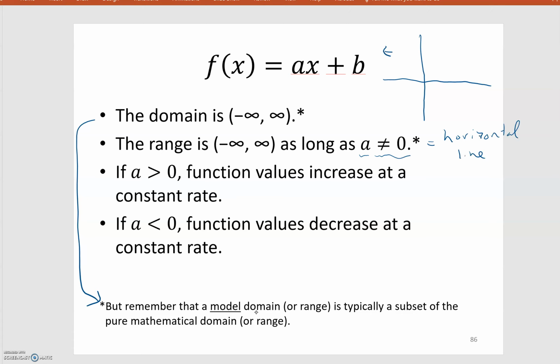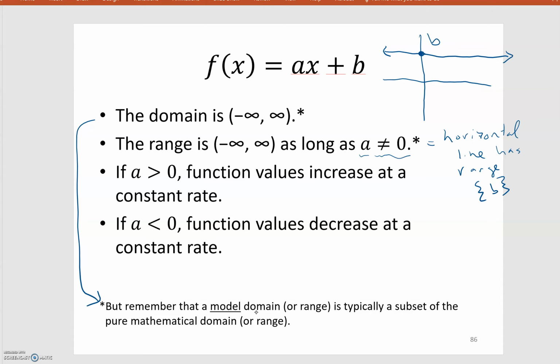A horizontal line like this, what is its range? Its range is definitely not all real numbers because it doesn't go up or down. It stays at the same height. So its range is actually just whatever this particular value is, which is b. So the range for a horizontal line is a single value, b. That's a notable exception.